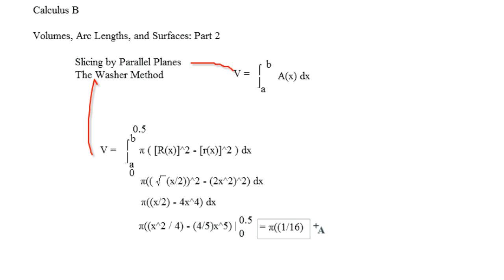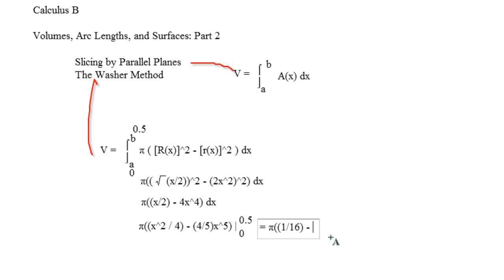Oh boy, that is just going to be an ugly number. I'm going to have to get a decimal approximation for the next one. So this is going to be 4/5 times 1/2 to the 5th power.